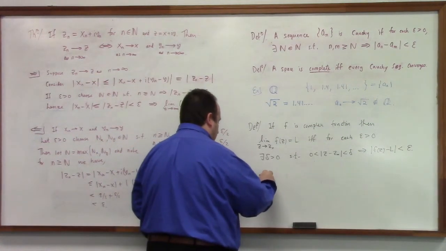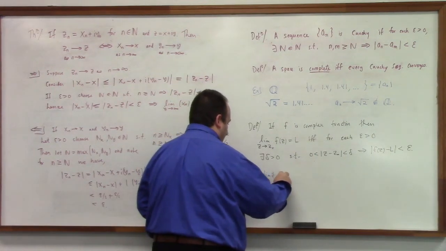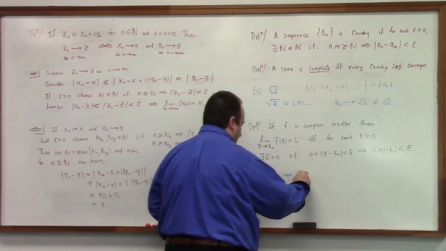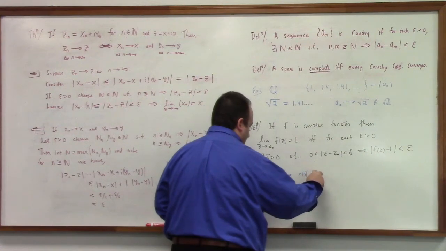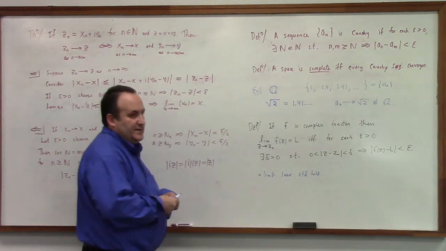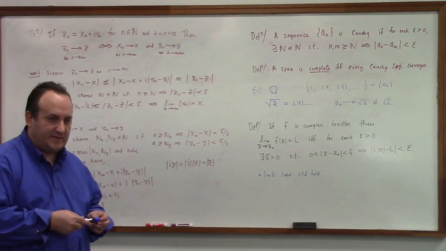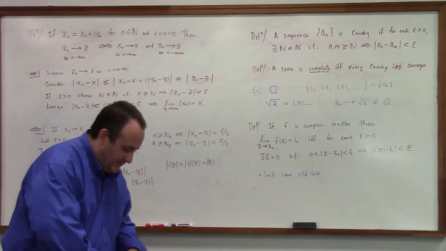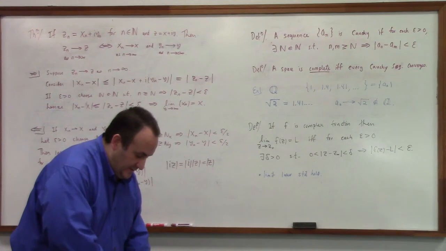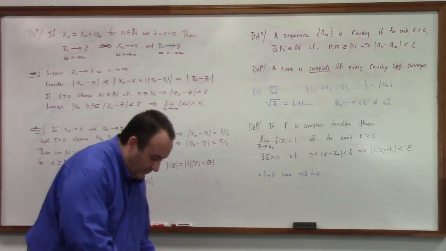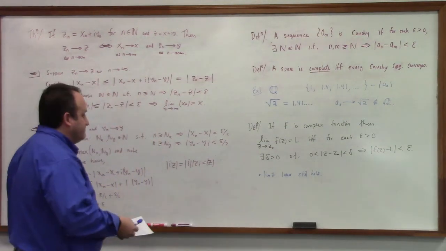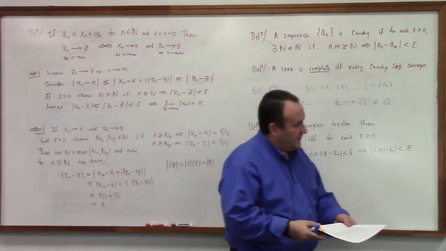Limit laws still hold. Like the limit of a sum is the sum of the limits. The limit of a product is the product of the limits. The limit of the quotient is the quotient of the limits. That stuff's all still true.